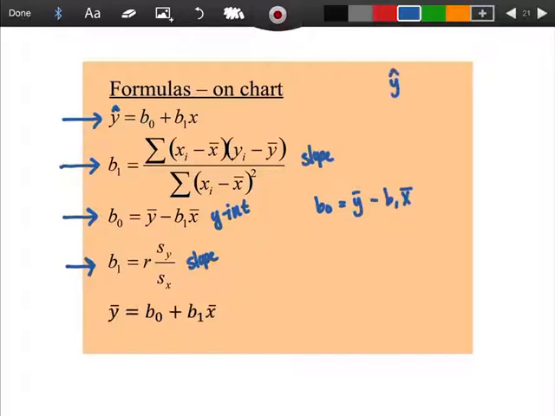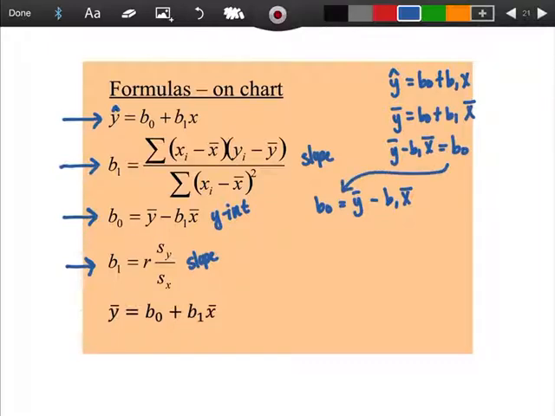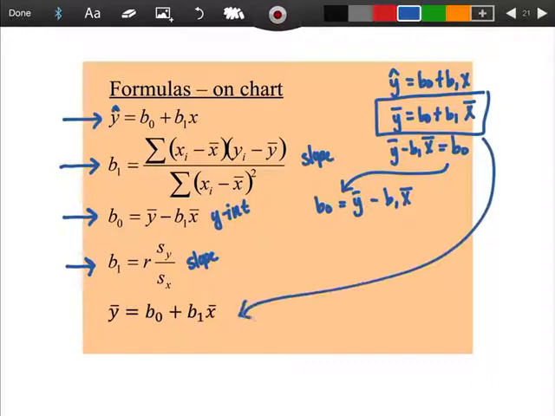Where we're really getting this equation from is we said on our regression equation, if we know that x bar, y bar is always a point, we can simply do a little bit of algebra and find that y bar minus b1 x bar is our y-intercept.